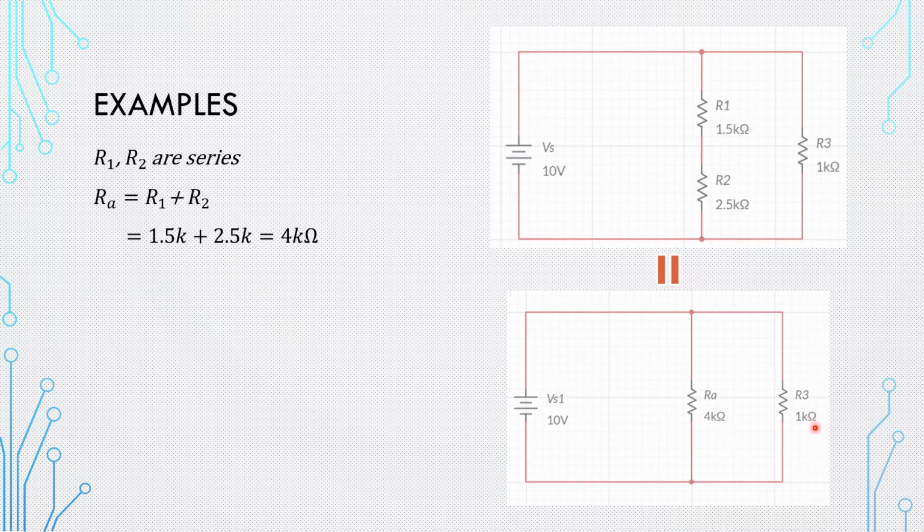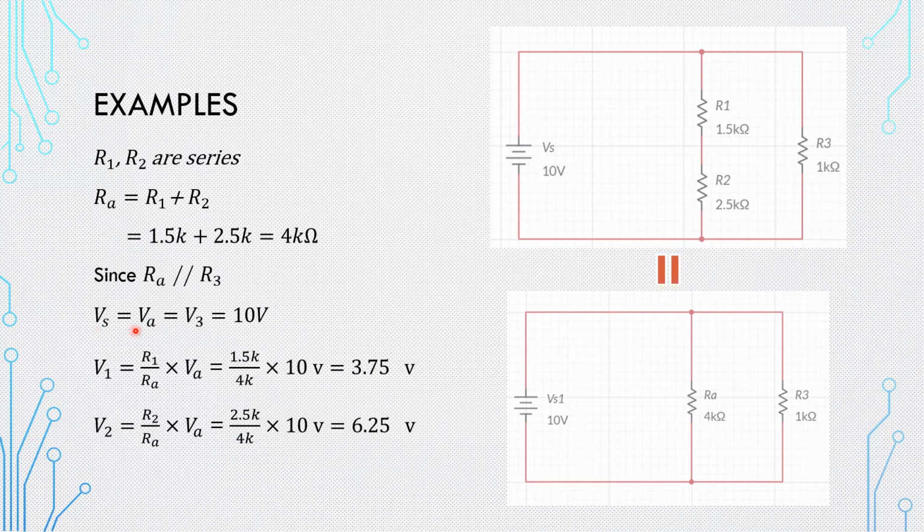The voltage here is 10, the voltage here is 10. Now if I go back to my circuit, imagine that the summation of the voltage across these two resistors should equal 10, because RA, the equivalent resistor, is going to have the voltage of 10 since they are in parallel. If you apply VDR, how do you see that? You can redraw the circuit.